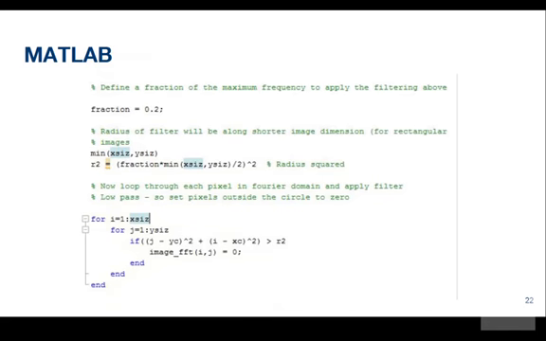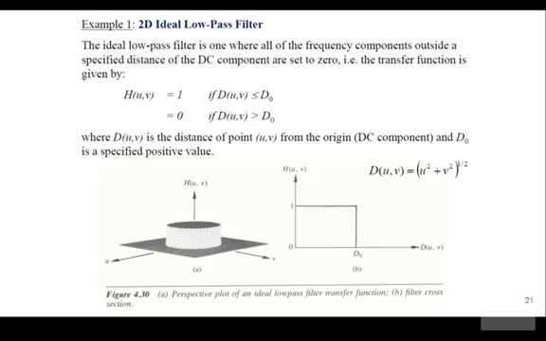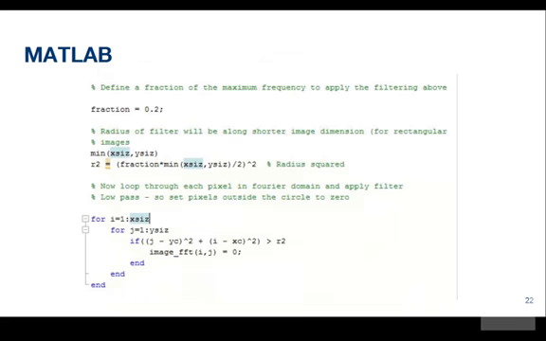So this is how we can implement this in MATLAB. Normally our cutoff is going to be some fraction of the maximum frequency. In this case, I've set it to 0.2, so D naught is 0.2 of the maximum frequency in the frequency image.